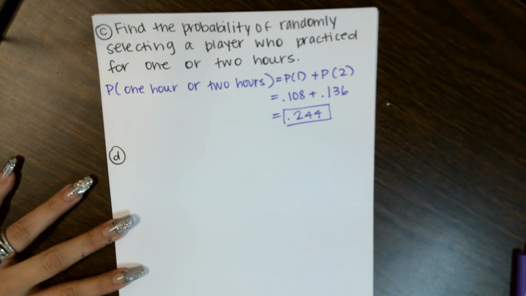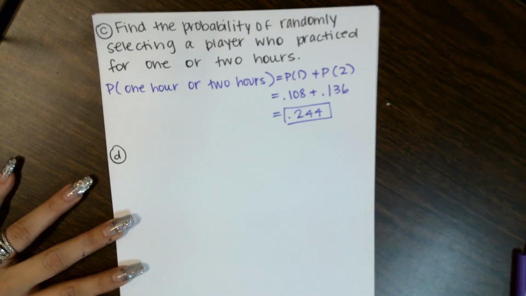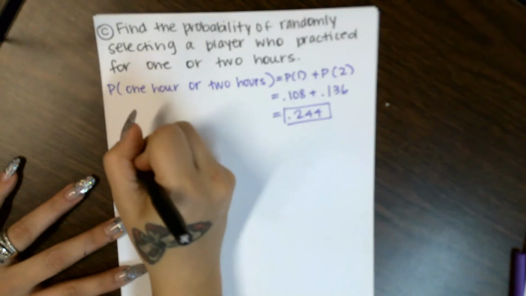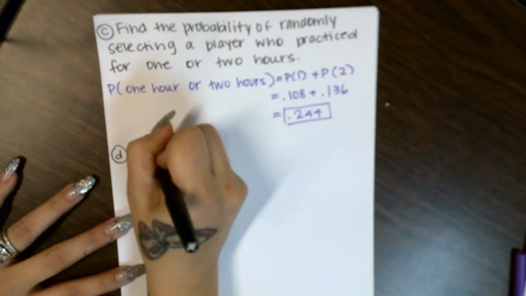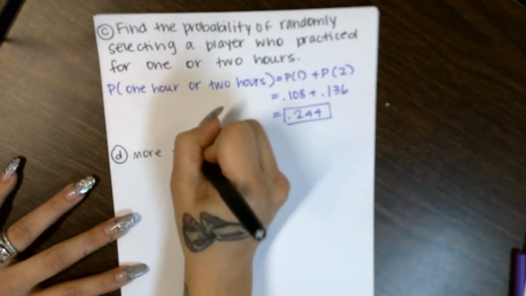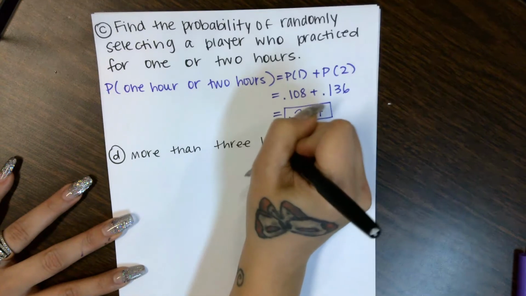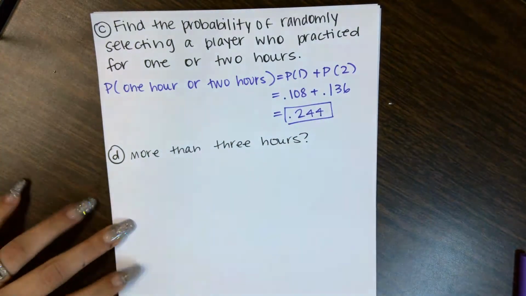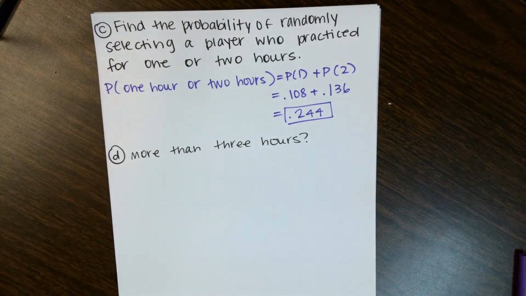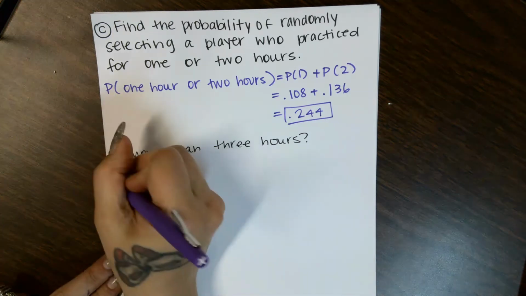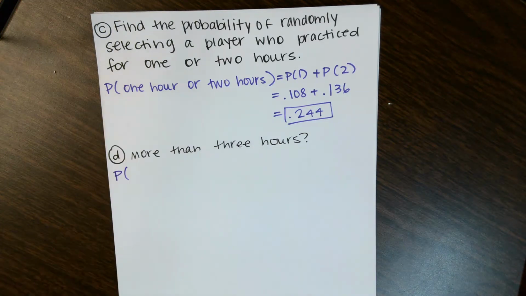Find the probability of a randomly selected player who practiced more than 3 hours. Does that include 3 hours? What do you think? More than 3 hours? So no, 3 hours is not more than 3 hours, right? So what I would be finding is the probability of what?